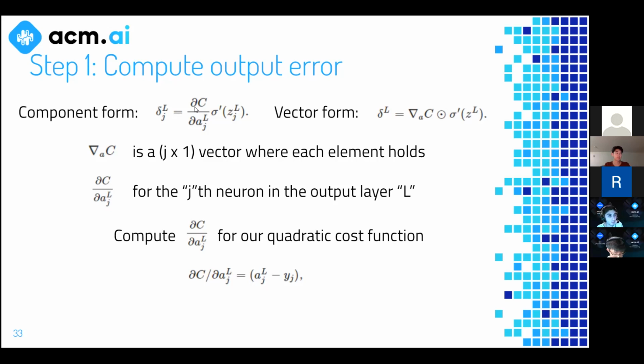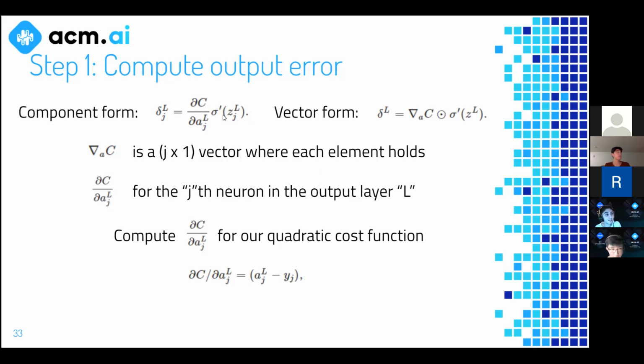So this formula in component form is the derivative of the cost with respect to the activations of each of the neurons in the output layer, multiplied by this weighted input passed through the derivative of the sigmoid function. Now, you're probably saying, whoa, where did this come from?